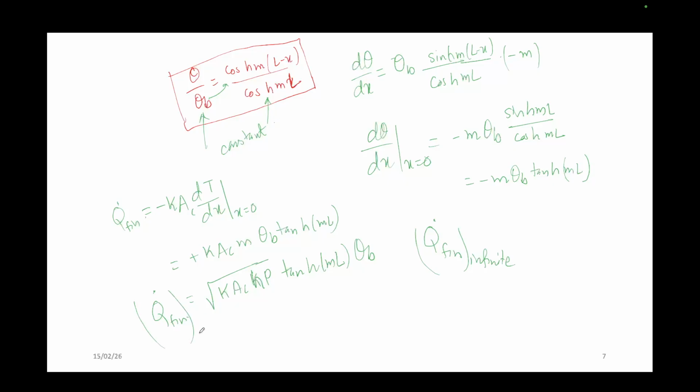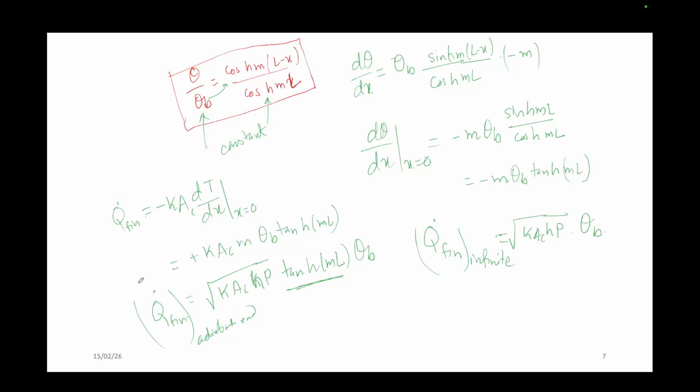This is for the adiabatic end. For the infinite fin it was minus kAc m theta b. Right? So the basic difference is that in the case of the adiabatic end, the tanh mL term is there. So please tell if any confusion.